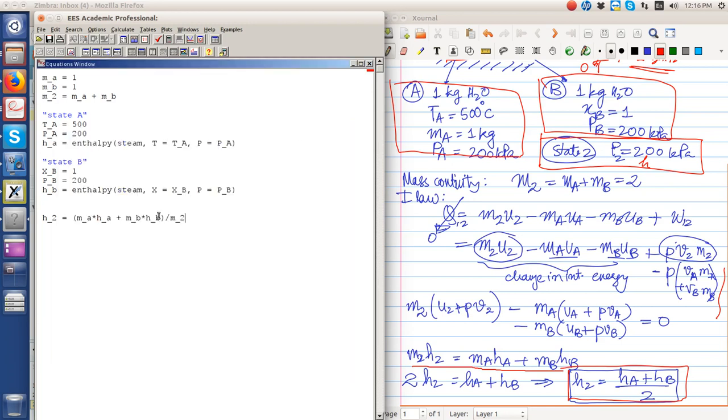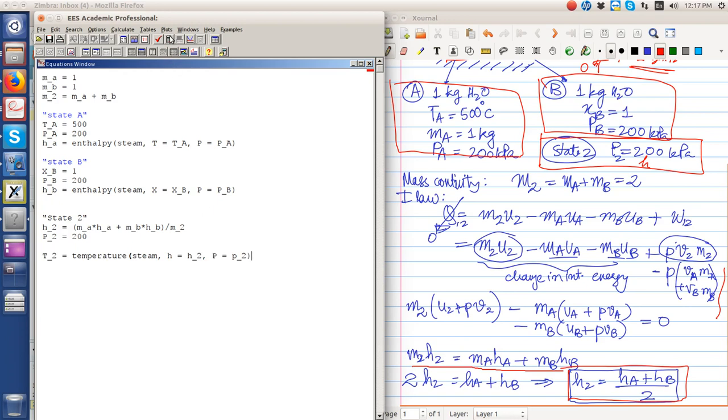Once we have H2, we can use the fact that the process is isobaric, so the final pressure is also 200. So T2 is equal to the temperature of steam at H equal to H2 and P equal to P2.